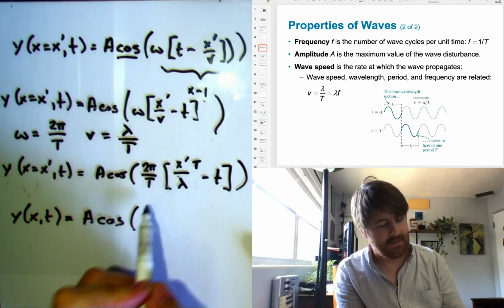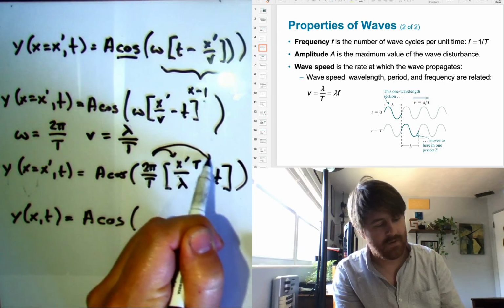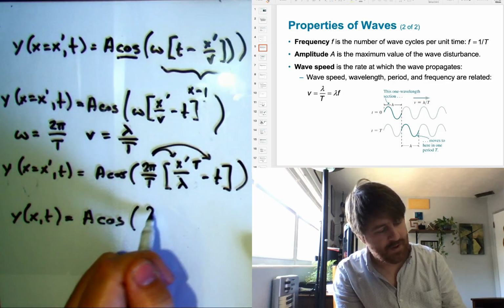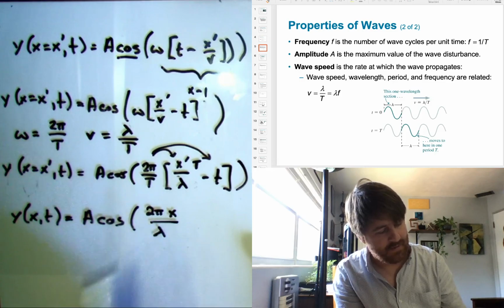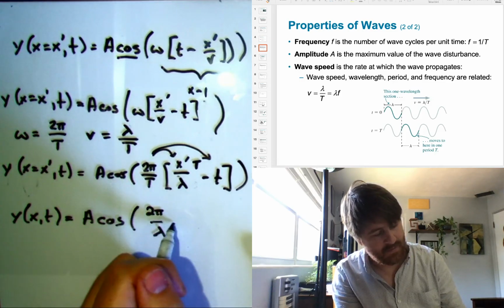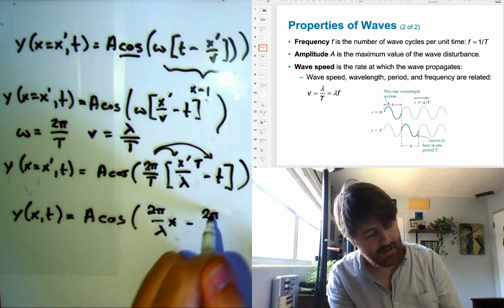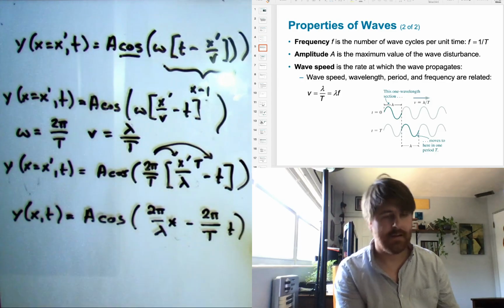The T's cancel in this first term. I'm going to distribute this to both terms. So I've got 2 pi x over lambda minus 2 pi over T times t.